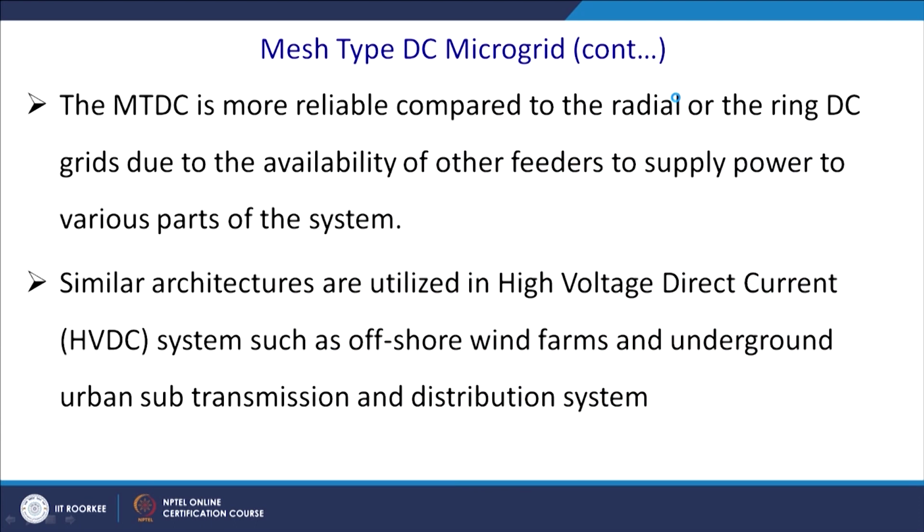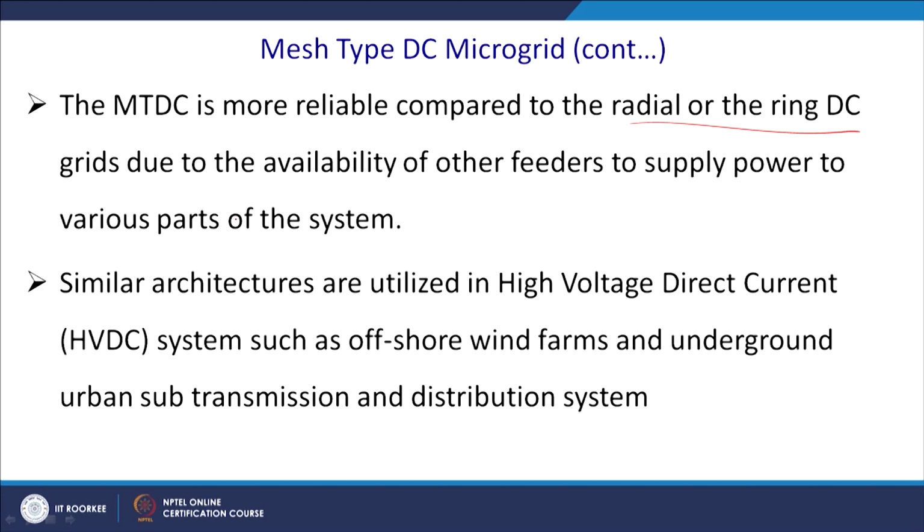So, we can conclude that this MTDC architecture is more reliable compared to the radial or the ring DC grids due to the availability of the other feeders to supply power to the various parts of the system.